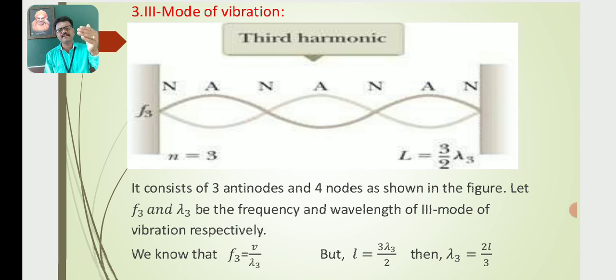But from the diagram, the length of the rod must be equal to 3 lambda 3 by 2. So then further, lambda 3 is equal to 2L by 3. In the above equation, lambda 3 can be replaced by 2L by 3.